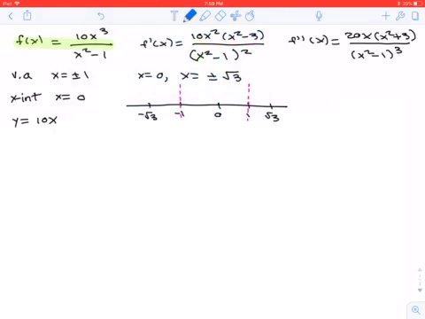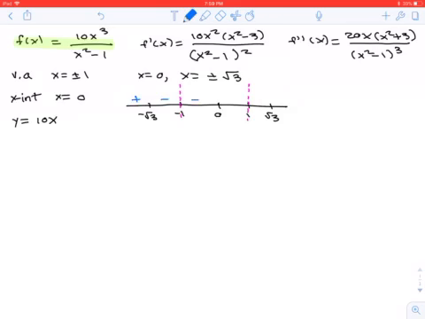Let's go fill in our sign chart though. Plugging in our values, and remember we plugged them into our first derivative. I'm going to take numbers to the left and right of negative root 3 and see what I get. This was positive and this was negative. Now I'm going to look to the left and right of negative 1. To the right of negative 1, it is negative.